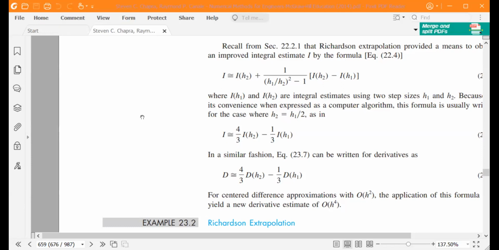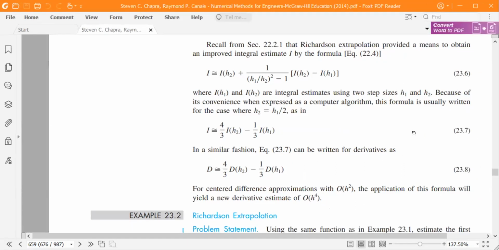This formula that appears in this text in equation 23.6 is derived with the assumption that H2 is equal to H1 divided by 2.